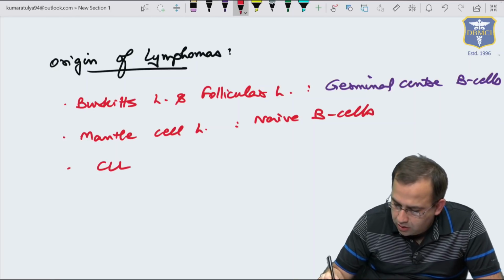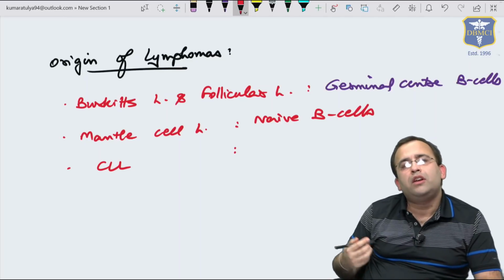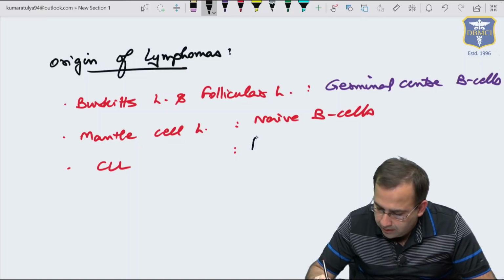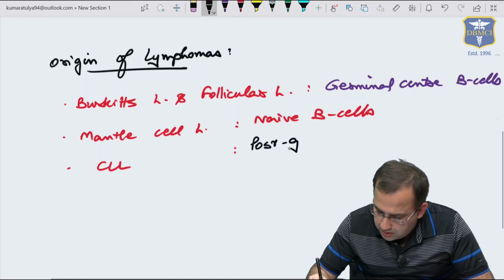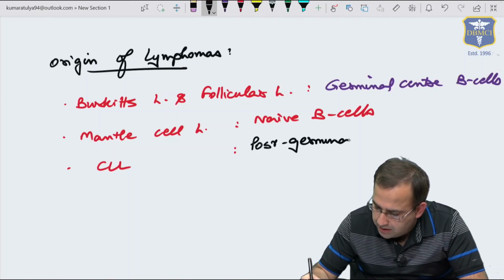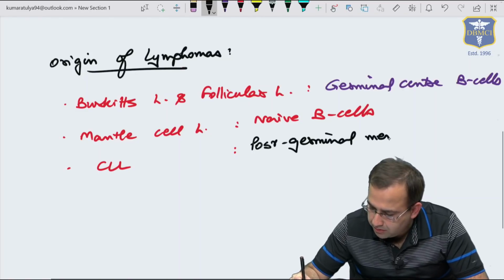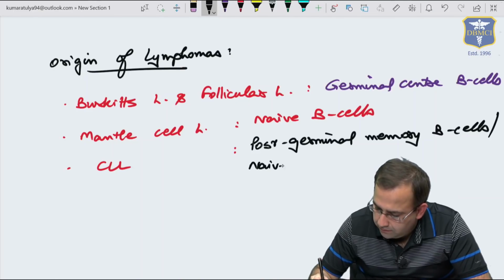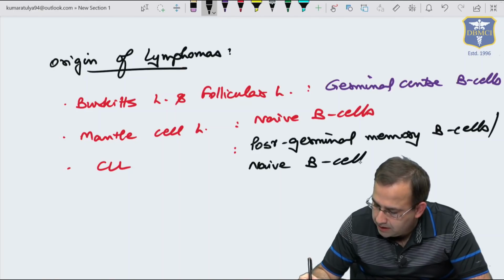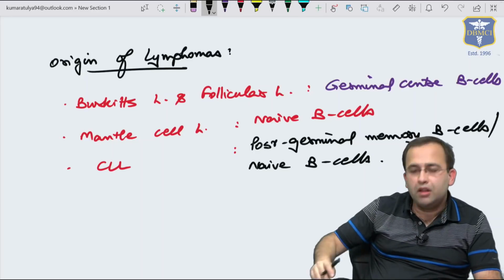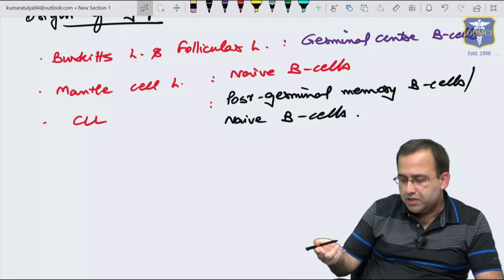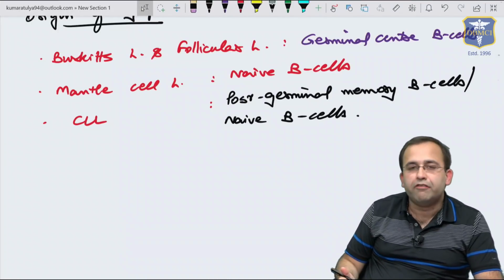Versus the origin of CLL, chronic lymphocytic leukemia, which is from the post-germinal memory B cells, or the naive B cells. Better answer is post-germinal memory B cells. If that is not given in the options, then the next best answer is naive B cells.